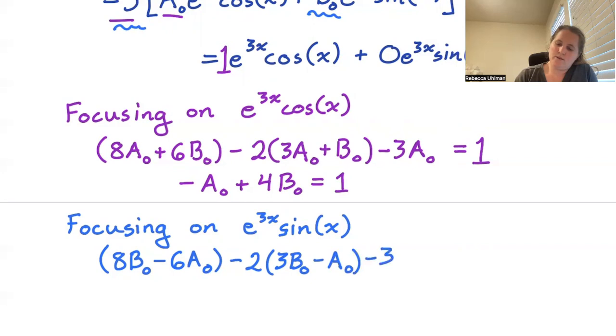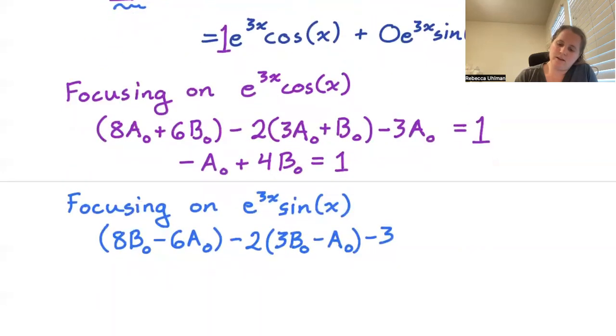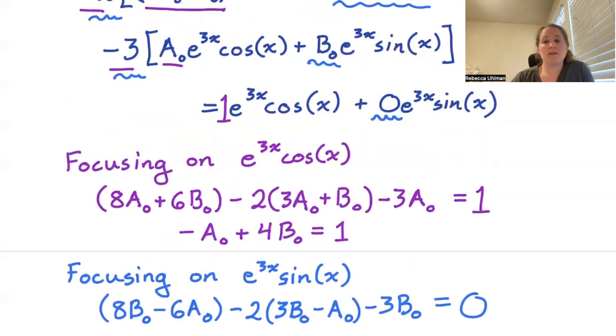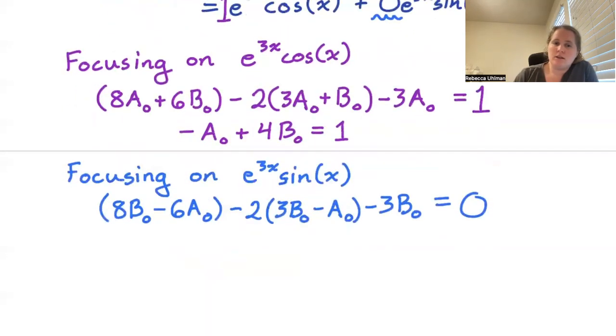And then we had minus 3 times b0. And on the right-hand side, we have 0 e to the 3x sine x, so this should equal 0. Again, we're forcing the coefficient on the left in front of e to the 3x sine x to match the coefficient on the right in front of e to the 3x sine x.